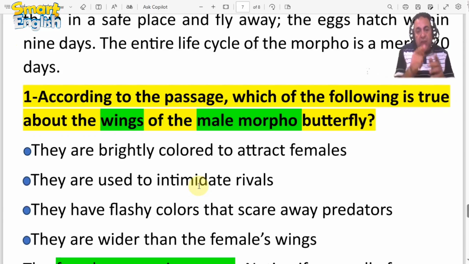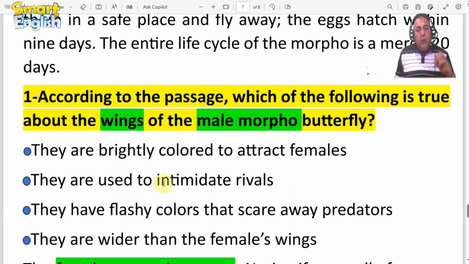So let's check the first answer. They are brightly colored to attract females. No, the opposite is mentioned in the passage, because the female attracts the male butterfly at the time of dating by bright colors. So eliminate the first answer. Let's move on to the second one.